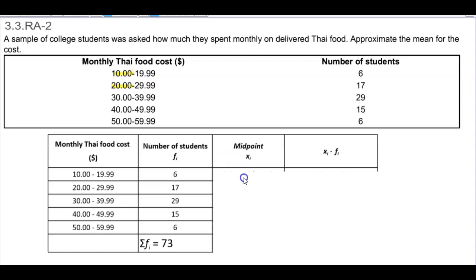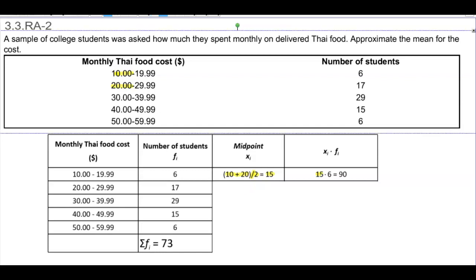We add 10 plus 20 and divide by 2, which gives us 15. Then we multiply 15 by the frequency of 6, which gives us 90.